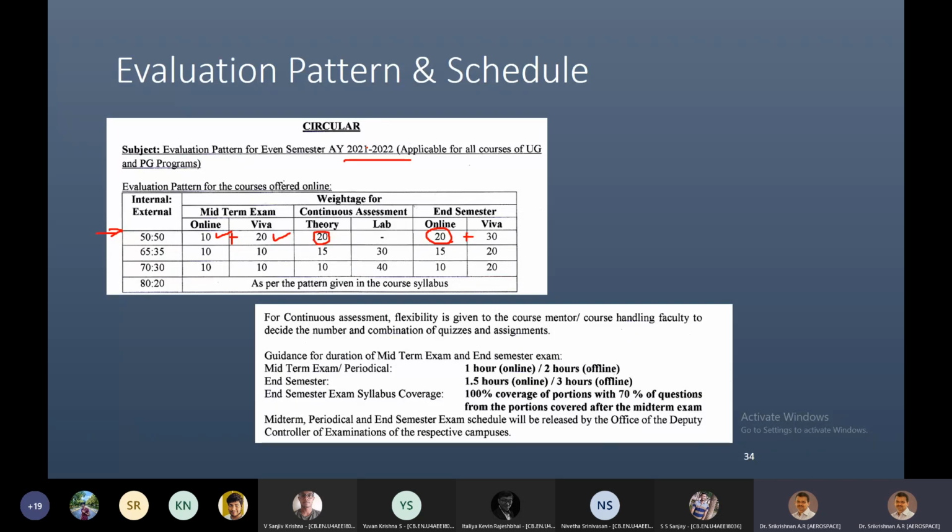Now the time duration, etc. also are suggested. I guess this also follows what you are familiar with. The midterm exam will have 1 hour online. Disregard all this because we are talking about only online. So you have an online test which is 1 hour duration. Similarly, the end semester will have an online test of 1.5 hours.